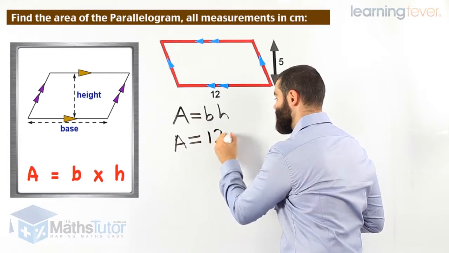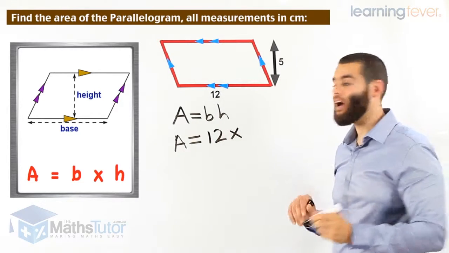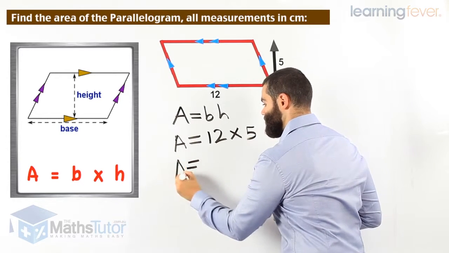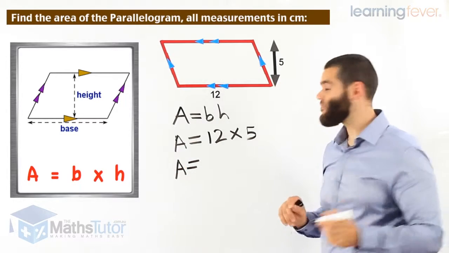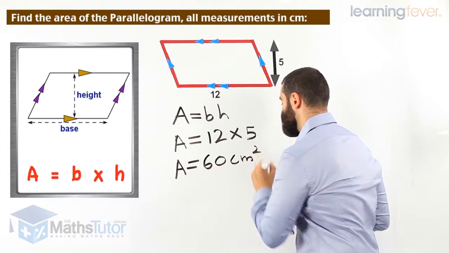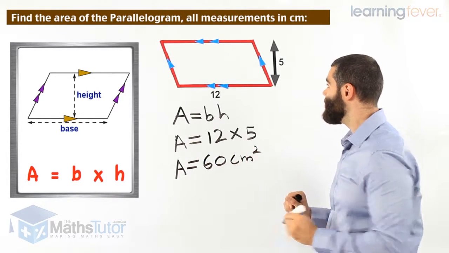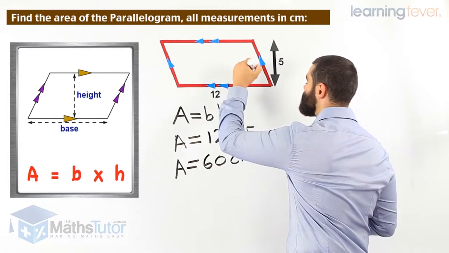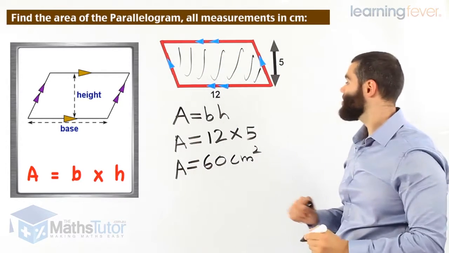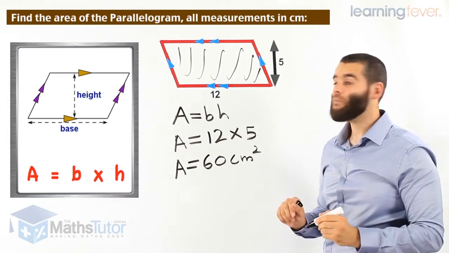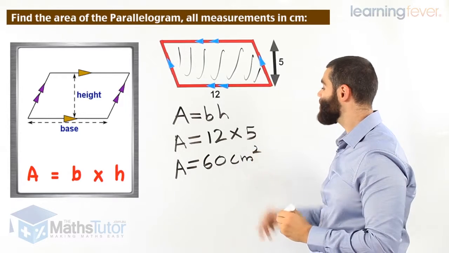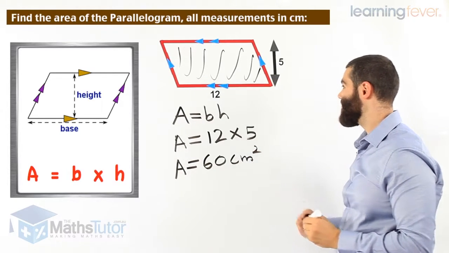The base is 12 times the height is 5. 12 times 5, 60 square centimeters. The area of this parallelogram, everything inside the parallelogram, is 60 square centimeters.